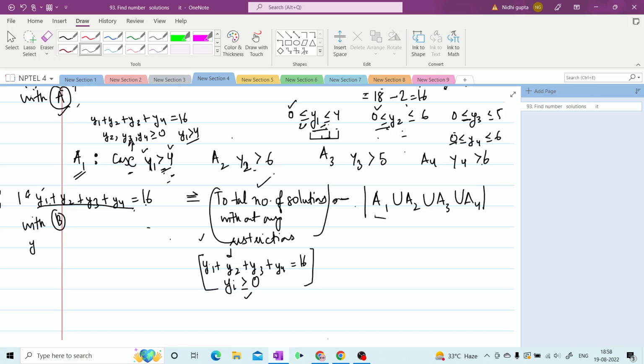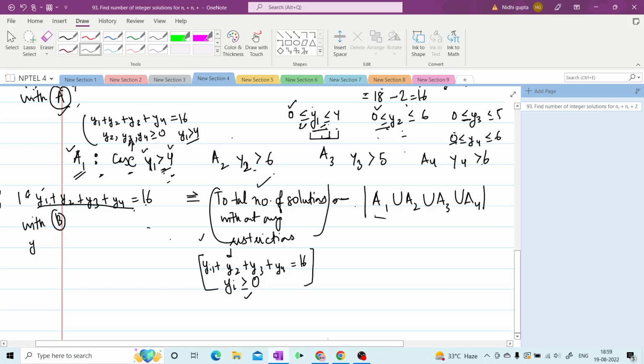We have to subtract these solutions. First, we calculate all the solutions which have no restrictions because we know how to calculate that, and now we are removing all the bad solutions from it.